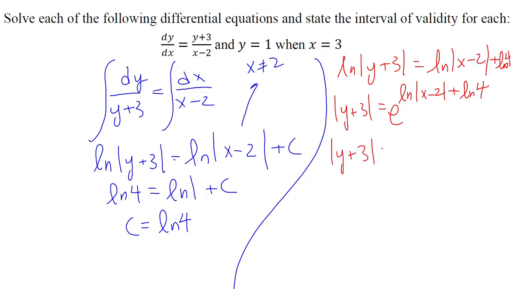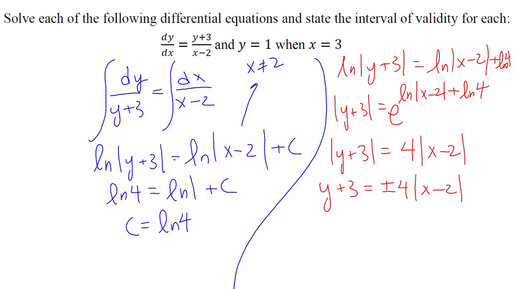Or we can just rewrite it as 4, because e to the ln of 4 is 4, and absolute value of x minus 2, because e to the natural log absolute value of x minus 2 is just absolute value of x minus 2. When we clear off the absolute value, we get plus or minus 4 times the absolute value of x minus 2.